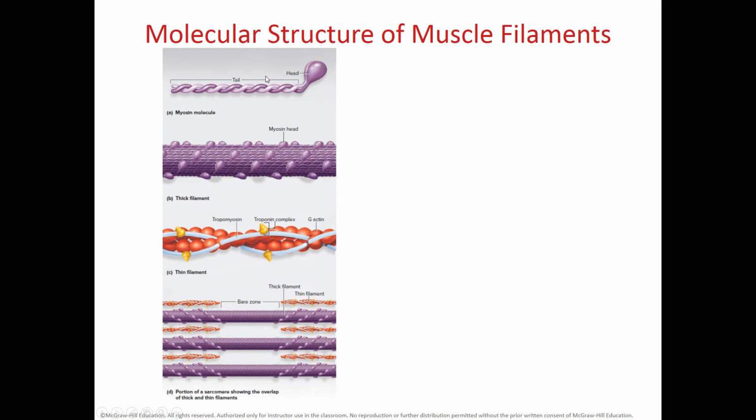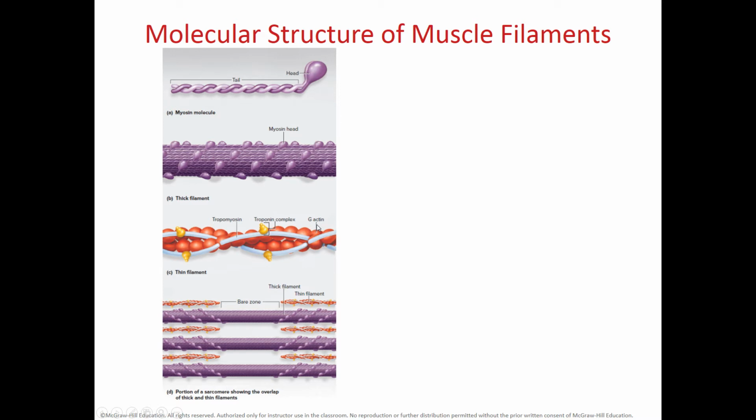And many of these individual myosin proteins make this thick filament. As you can see here, you have many of these myosins. And then here we have the thin filament. So this thin filament is made out of this G-actin, forming a filament. And then within this G-actin, you have these places that are going to allow the connection of the head of myosin.